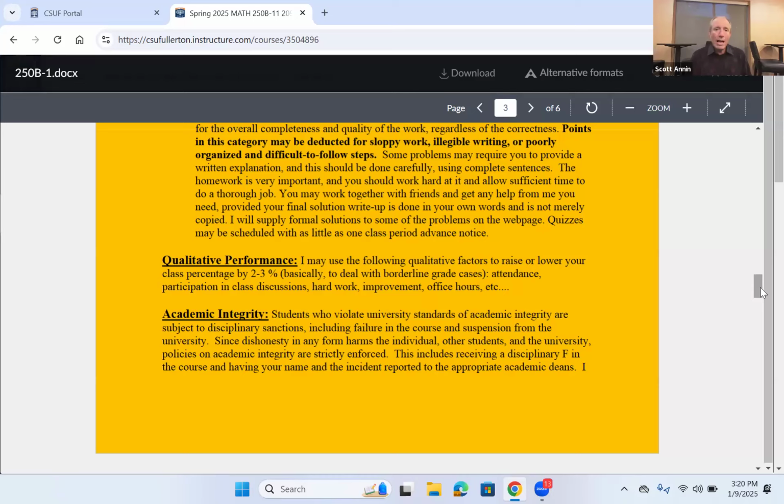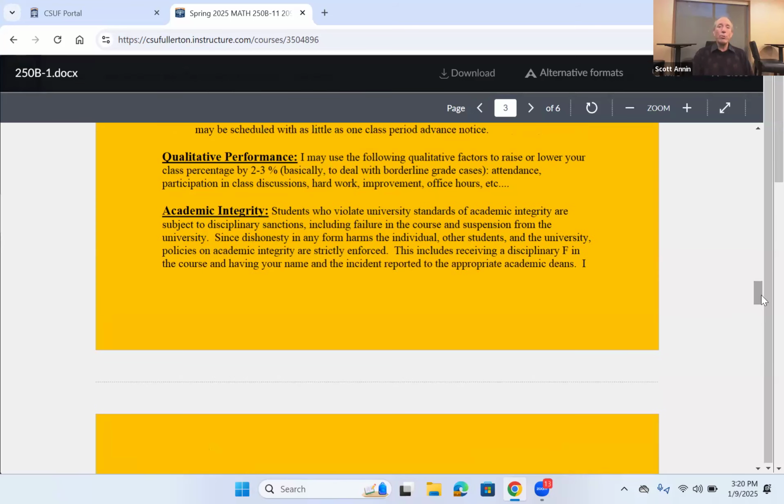And I can use that qualitative performance to bump grades that might be close to a borderline up a little bit. And so I encourage you, again, to try your best. I know that you're all busy folks, but the more effort you put into the class, the more likely it is that you're going to succeed and have a good experience.